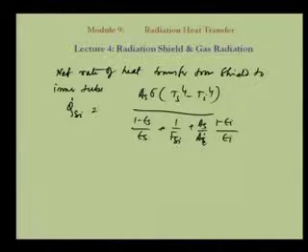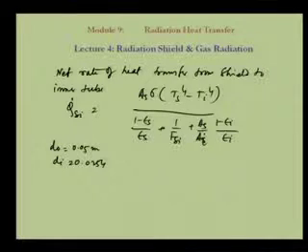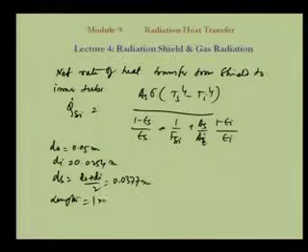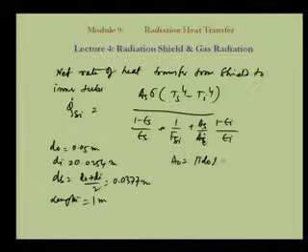Now, the data given: DO is equal to 0.05 meter, DI is equal to 0.0254 meter, then DS is equal to (DO plus DI) by 2, and that is 0.0377 meter. Then the length is equal to 1 meter. So, the outer pipe area AO is equal to pi D L, for all the cases, pi DO into L, and that is equal to 0.157 meter square.